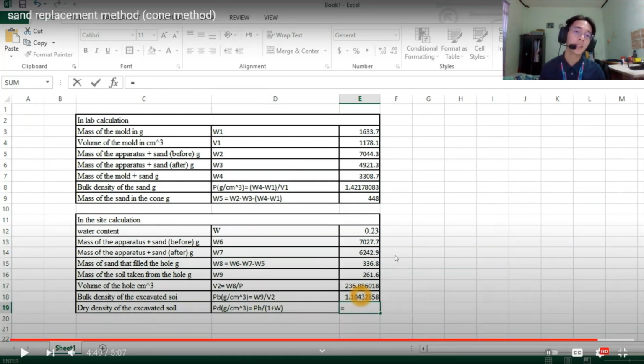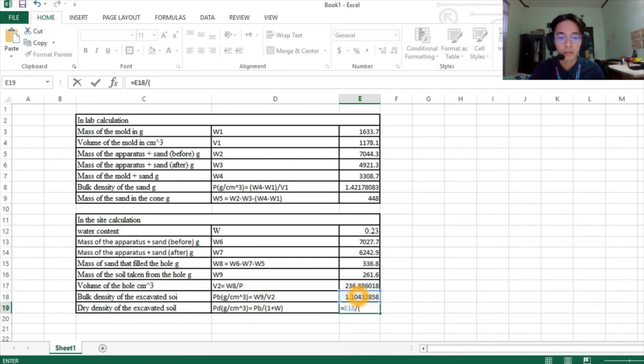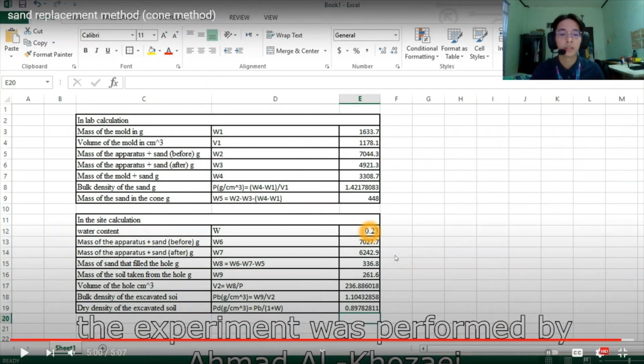So dry density is bulk density divided by 1 plus water content. So we press equal, and then we insert the bulk density divided by 1 plus water content. So that's the calculation for the sand replacement method.